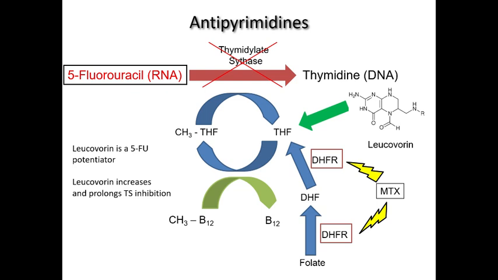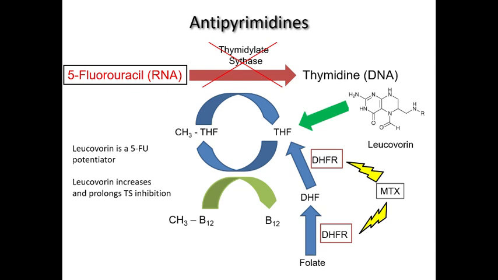With methotrexate, we're approaching it from the bottom mechanism, and with 5-FU, we're approaching it through the thymidylate synthase activity. Now, for both of those drugs, we need to give leucovorin. Why? With methotrexate, hopefully you see the need to rescue those patients, but with 5-FU, we want as much of this cofactor around as possible because it aids in the binding of active 5-FU to thymidylate synthase.